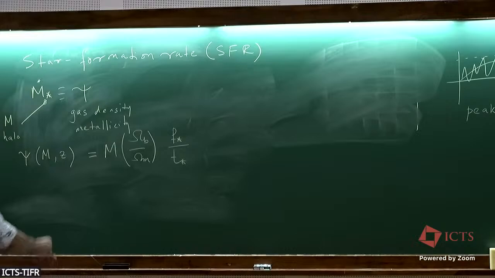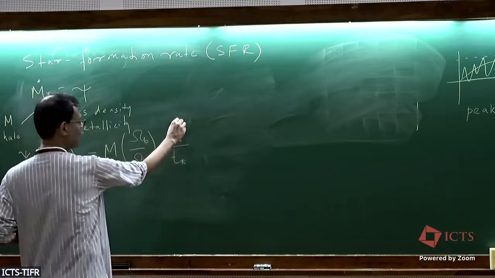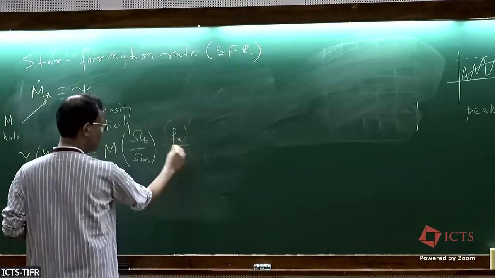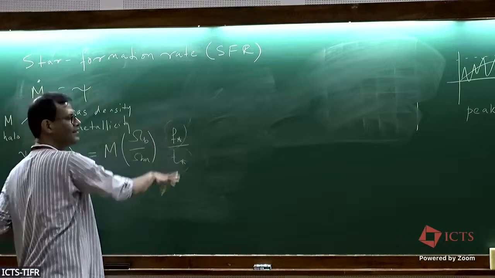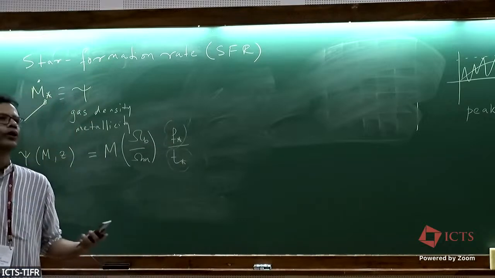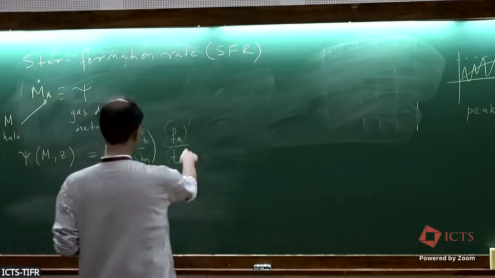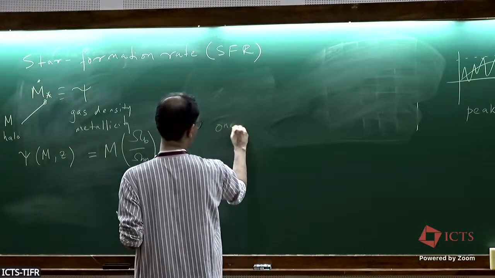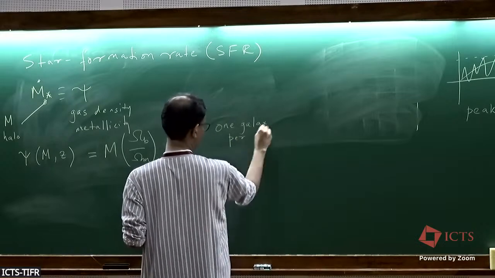So this is one typical model of star formation rate. Then you have to ask how to model these quantities. It will depend on how sophisticated your model is. Or you will treat this as a free parameter and try to fix it by comparing with observations. We have also implicitly assumed that there is just one galaxy per halo, and I will talk about this assumption very soon.